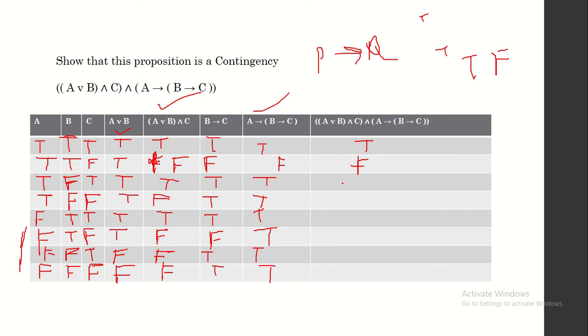After that true, then this is false, so it will be false, true, this is false, so it will be false, false, false. Now you can see that here we have both true and false. These are true and the rest are false. As we have both true and false in our output, it is a contingency.